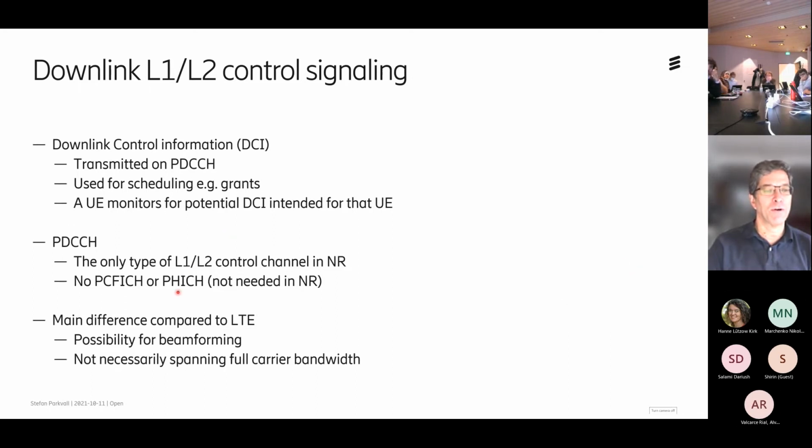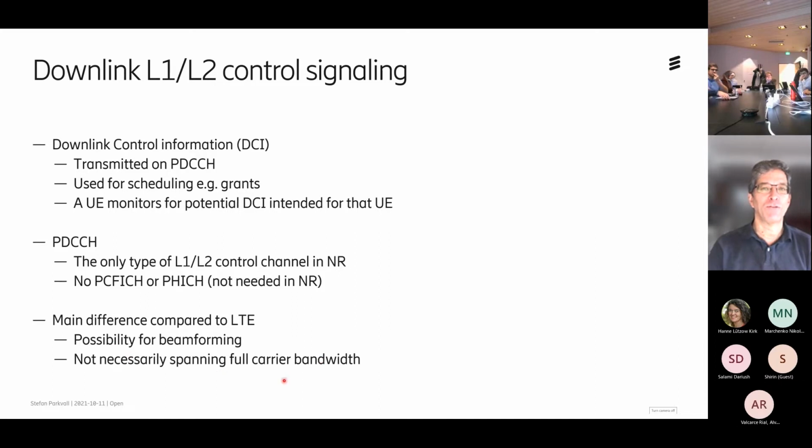In LTE, we have some other control channels as well that personally I never liked, especially not the PHICH, but we clean it up a bit in NR. Now it's simpler, with maybe two main differences. Since NR is a beamformed system, we ensure that the control channels can be beamformed as well. That was not really the case for LTE in the beginning.